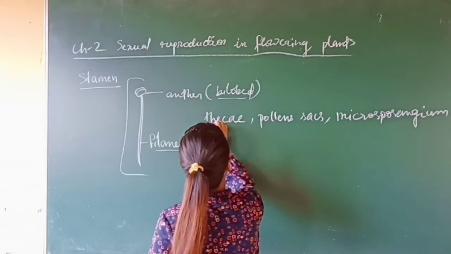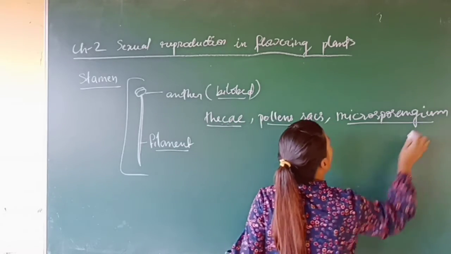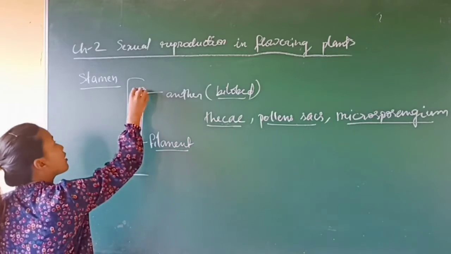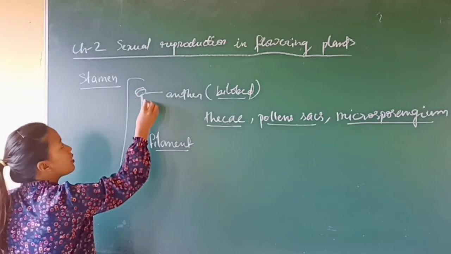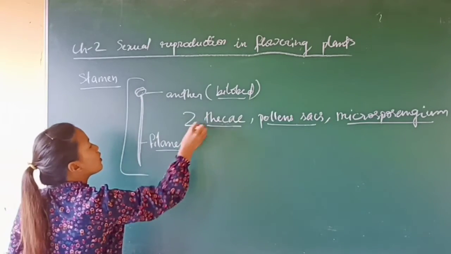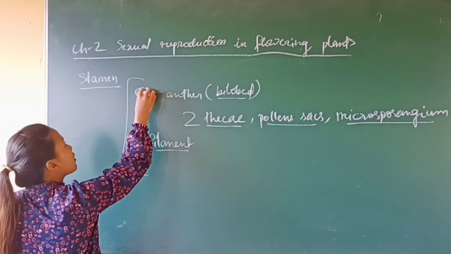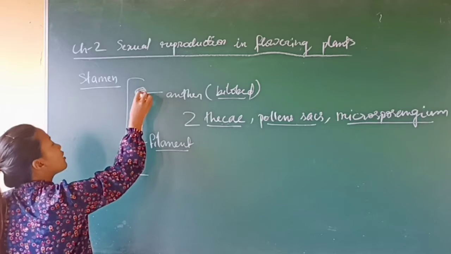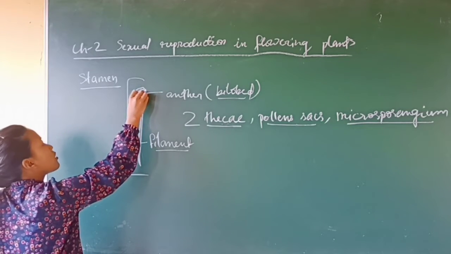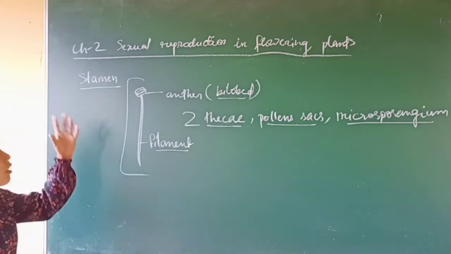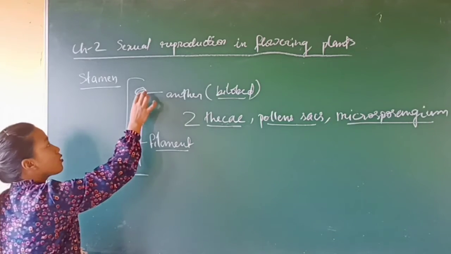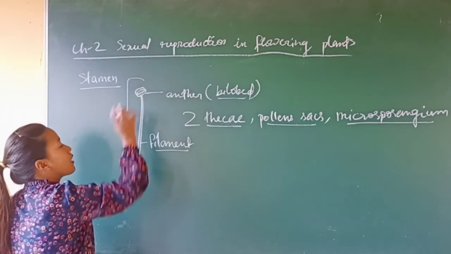So it is called either theca, pollen sac, or microsporangium. These are the two lobes of this anther, and each of them has two thecae. Throughout the length of this anther, there is a longitudinal groove running. This groove separates the two thecae.